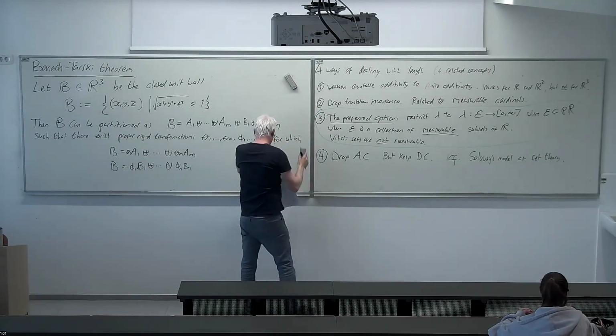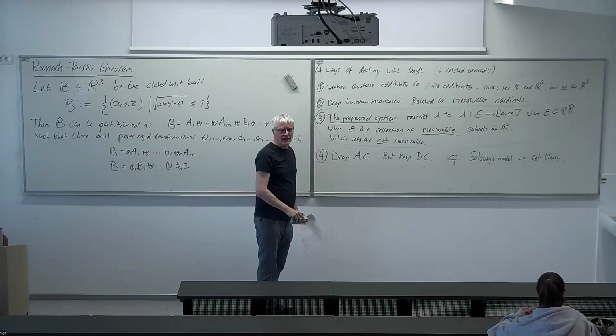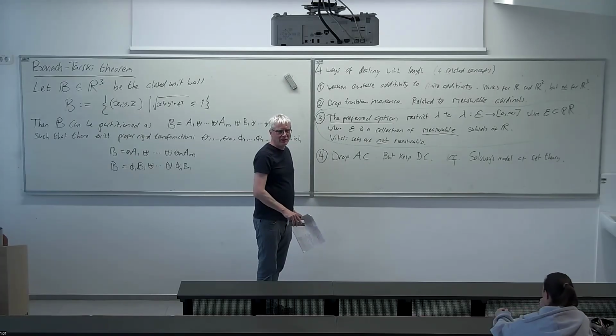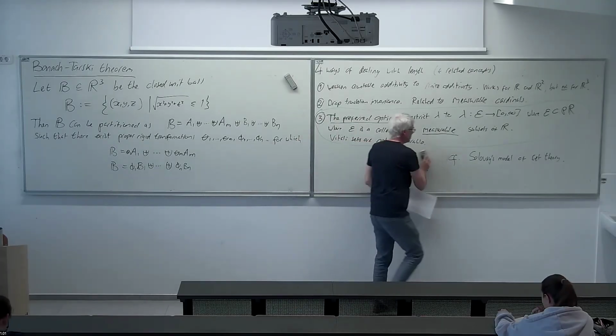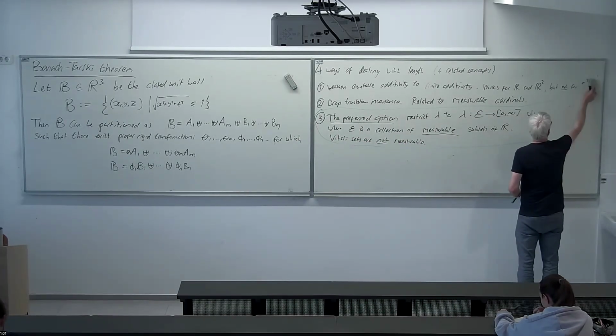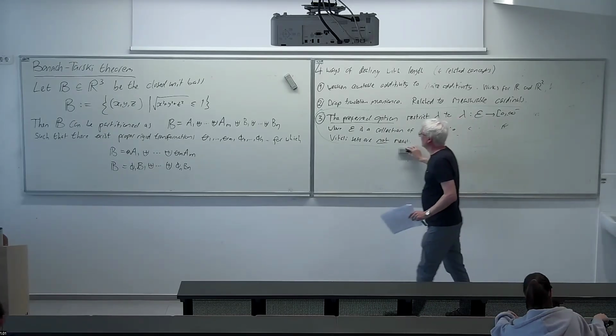Right, so what I want to do in the remaining time, and we'll see how far we want to go into details, is present some ideas in the proof so you get some flavour of how this very counterintuitive result works.